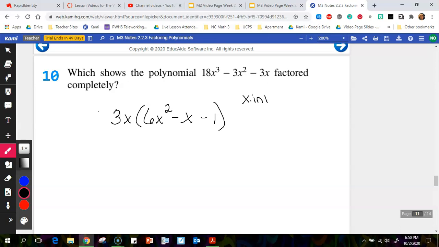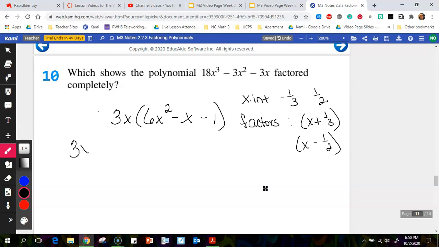X-intercepts are at negative 1/3 and 1/2, which means the factors would be x plus 1/3, which I wouldn't want to factor that anyway, and x minus 1/2. So this thing factored is that.